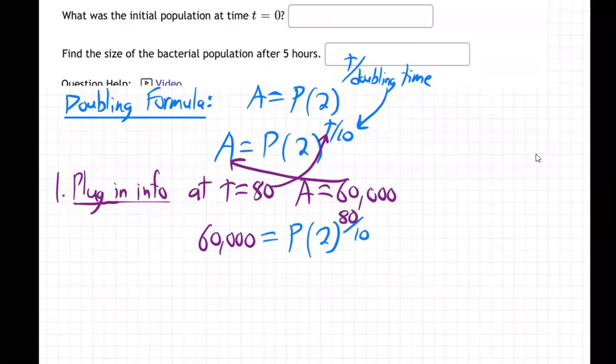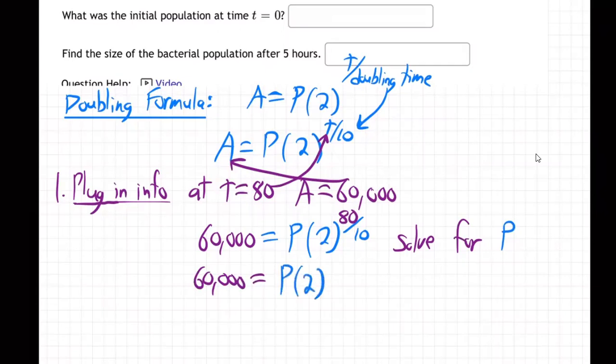So I just plugged time 80 in for T. I plugged the amount of 60,000 bacteria in for A. Now notice we only have one letter, so we can solve for the P. How do we solve for the P? Well, I do a little bit of math. 60,000 equals P times 2 to the power of, and 80 divided by 10, well, that's 8.